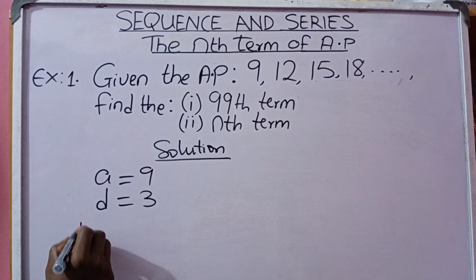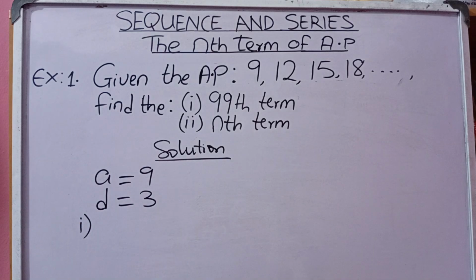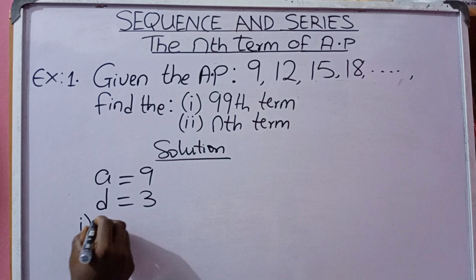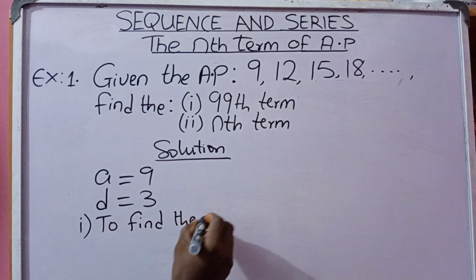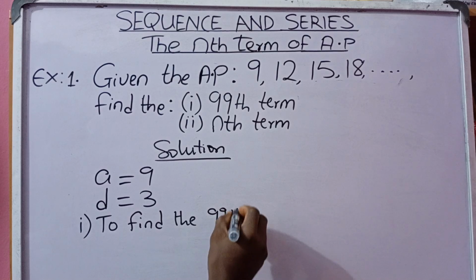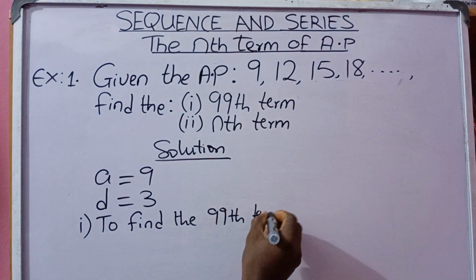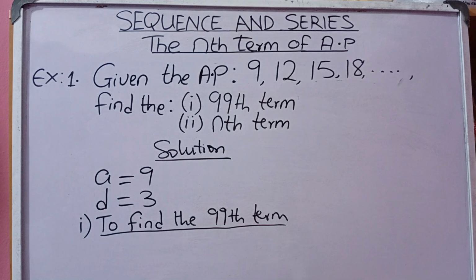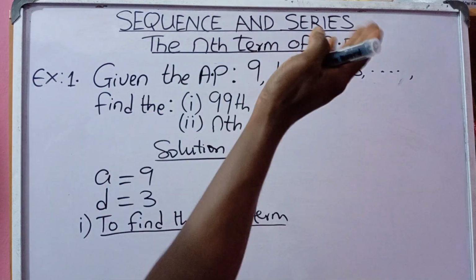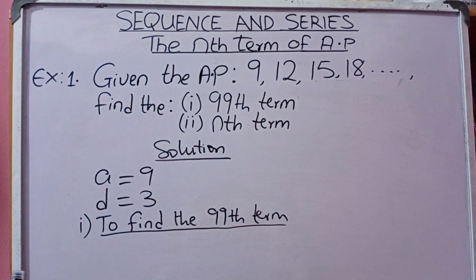The first of the questions says that we should find the 99th term. We have to find the 99th term of the sequence, as we can see. So all we need to do is to follow that order I just gave not long ago.